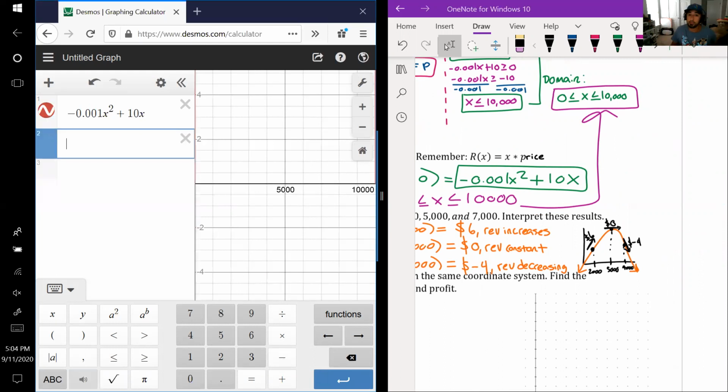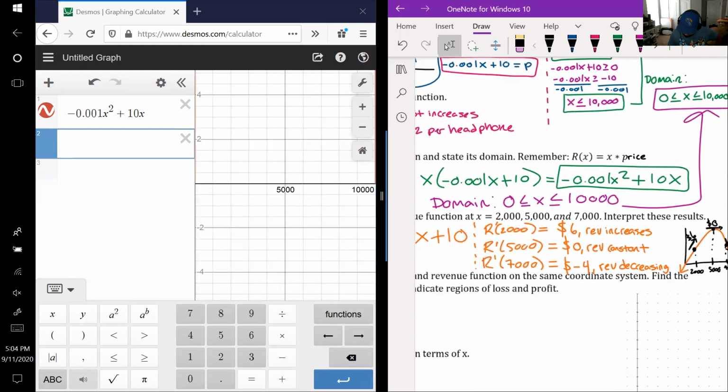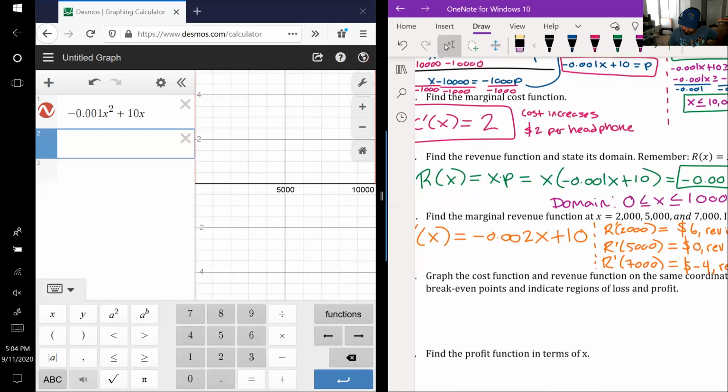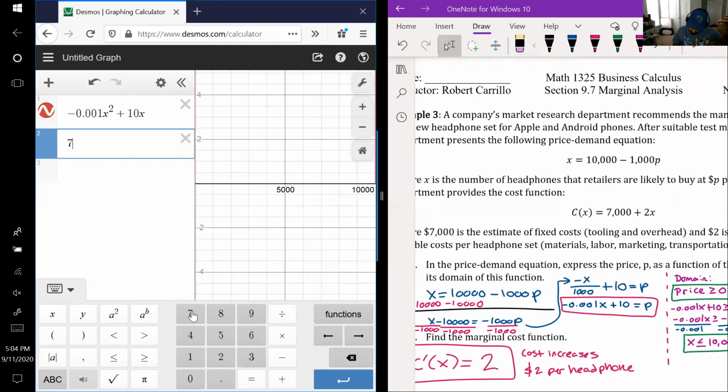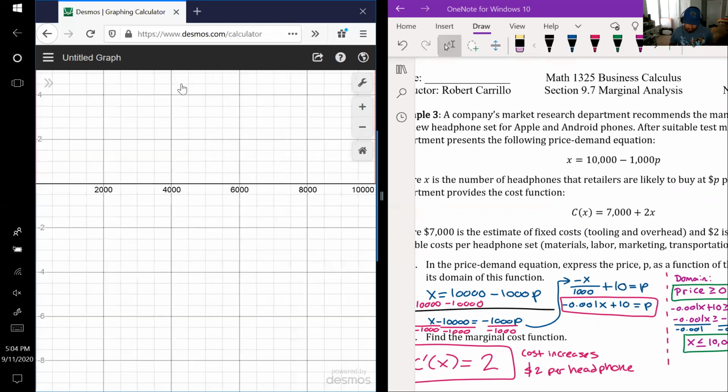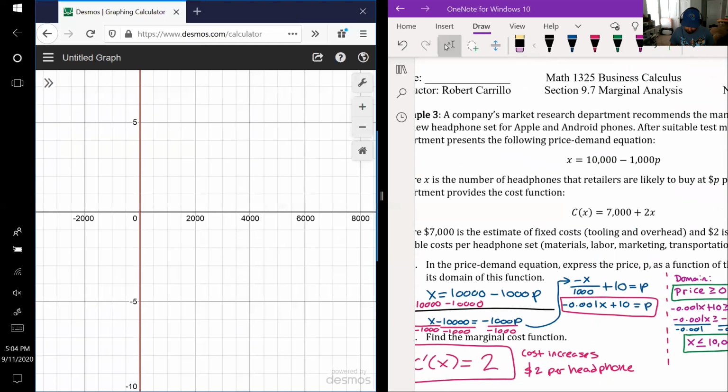Enter. And now I'm going to type in the cost function, because we want to graph revenue and cost. And I'm going to type in that function, 7,000 plus 2x. Enter. All right, and now I'm going to hide this menu on the left, and let's look at what we have.